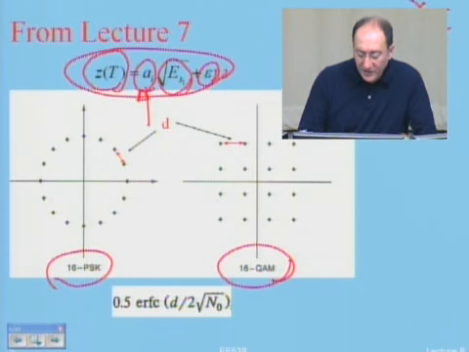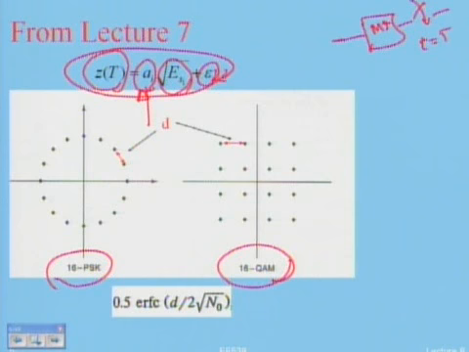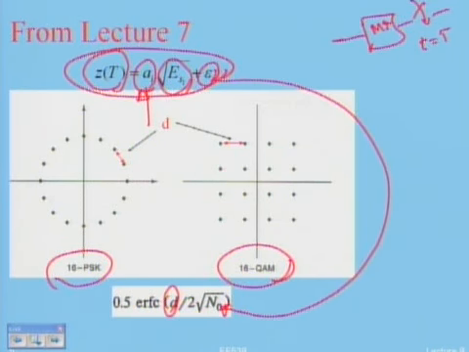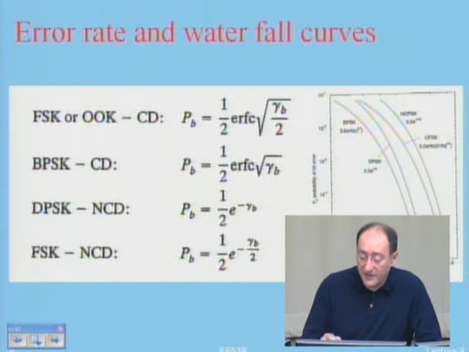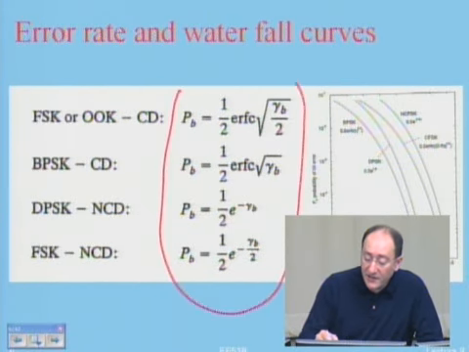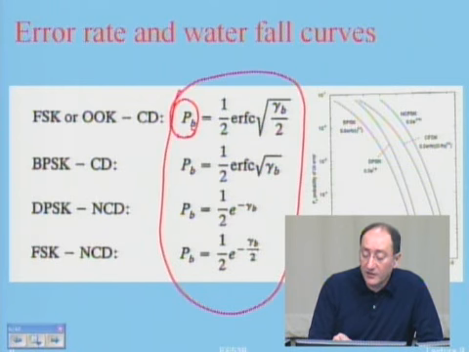So based on that, I told you that if the variance of this additive noise is N0, and D is the minimum distance between 2 points in the constellation, then you can approximately calculate the probability of error with this equation. And then using this approximation, I derived a bunch of equations like this, relating, for example, probability of error to signal-to-noise ratio.